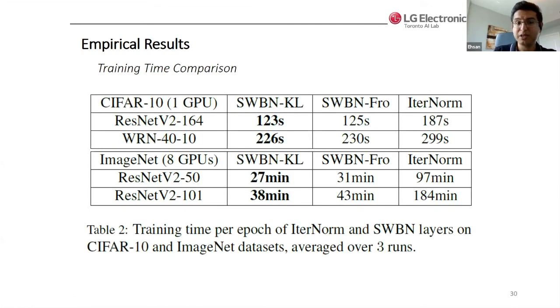So in terms of training time comparison, you can see that we are doing much better than ITER norm, especially, for example, for the ImageNet dataset, we show that for ResNet V2 101, the training epoch time that we need is 38 minutes versus 184 minutes for ITER norm.